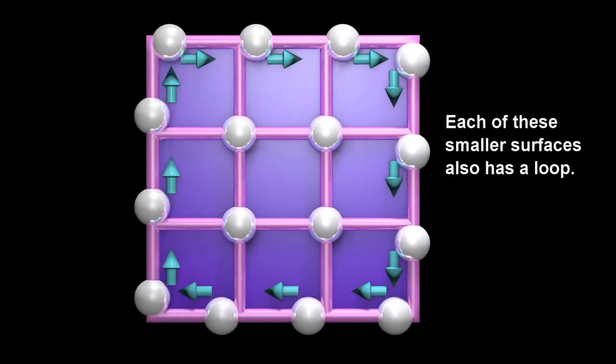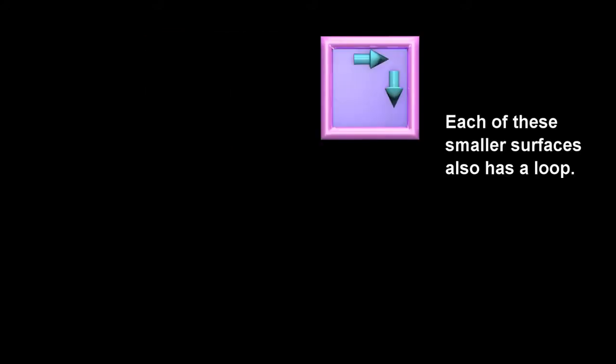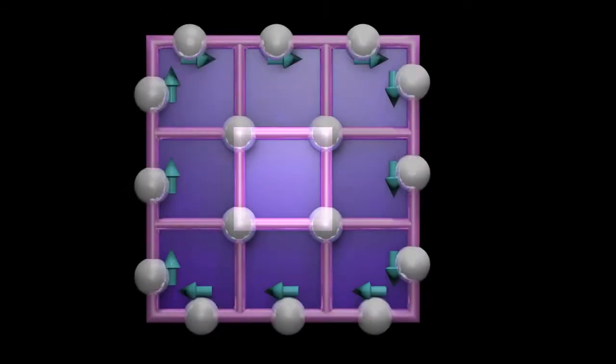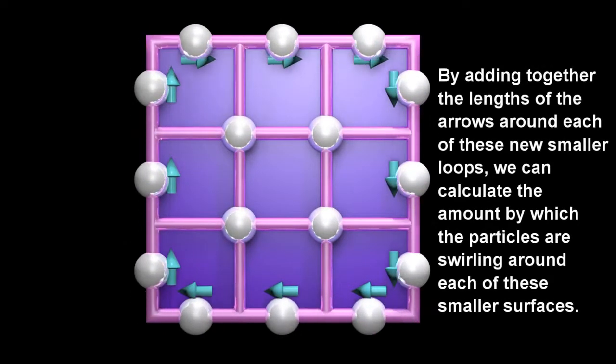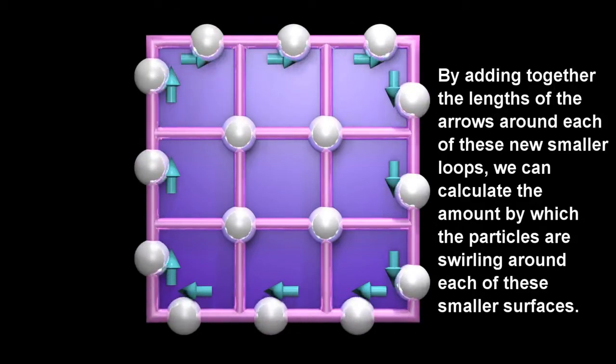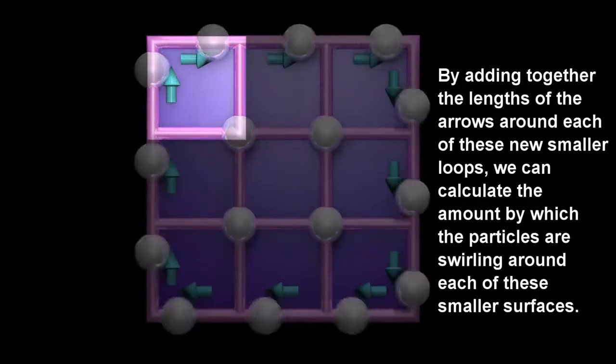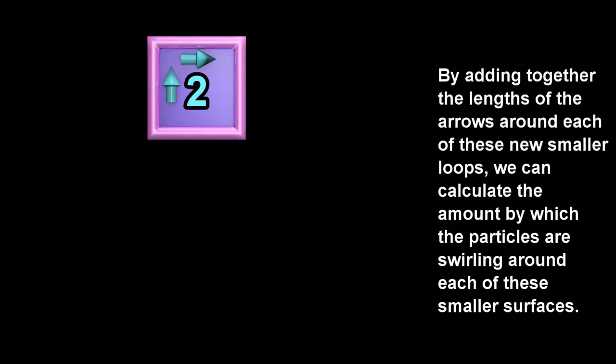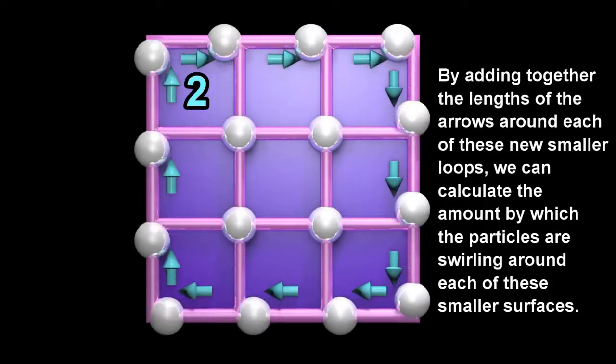Each of these smaller surfaces also has a loop. By adding together the lengths of the arrows around each of these new smaller loops, we can calculate the amount by which the particles are swirling around each of these smaller surfaces.